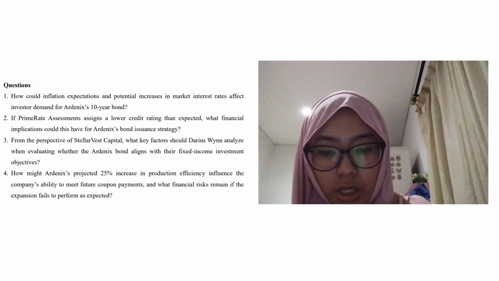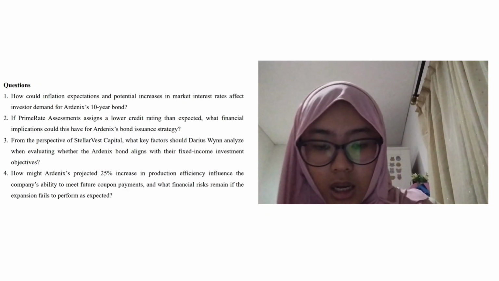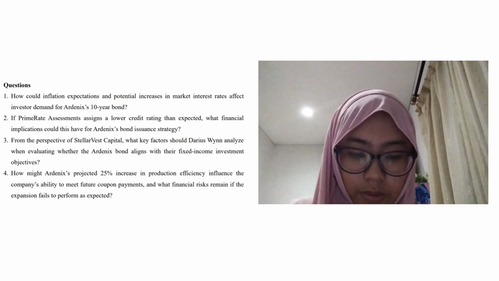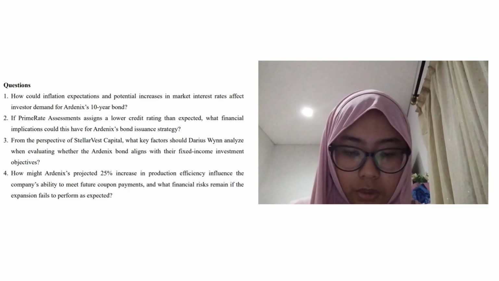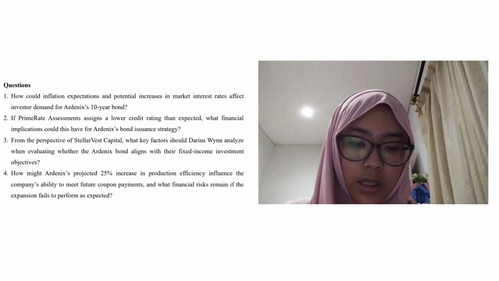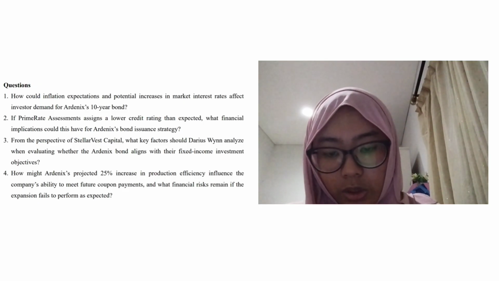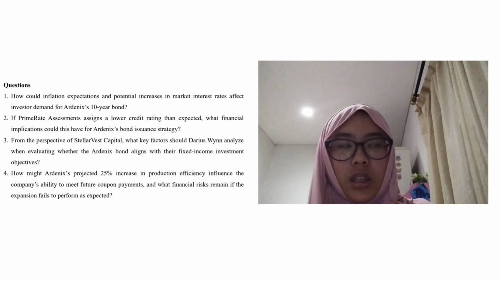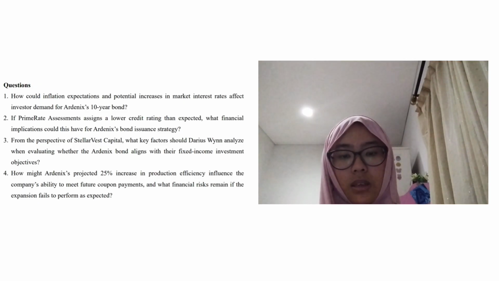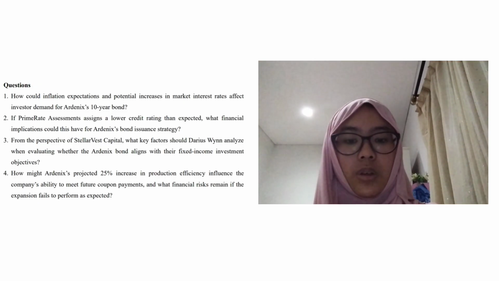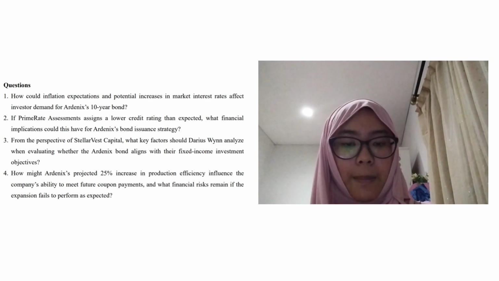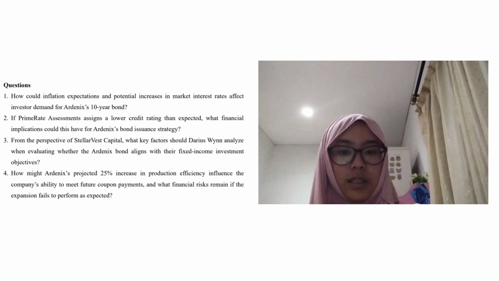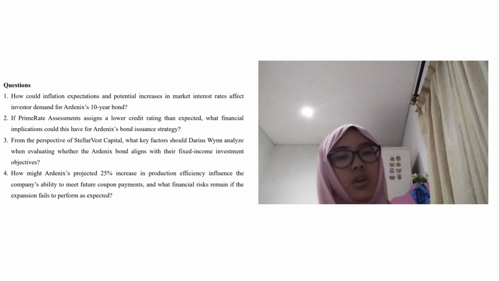And for the last question for tonight, how might Ardenix's projected 25% increase in production efficiency influence the company's ability to meet future coupon payments, and what financial risks remain if the expansion fails to perform as expected? So the projected 25% increase in efficiency is expected to generate higher operating income, directly supporting the company's ability to pay semi-annual coupons.